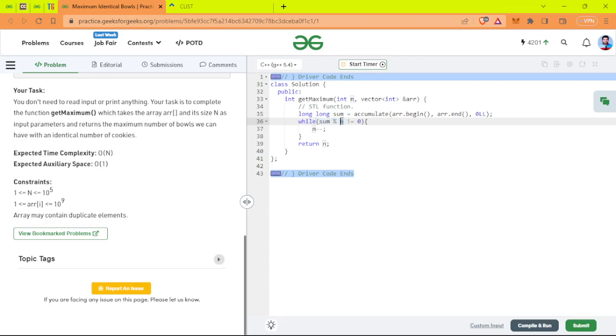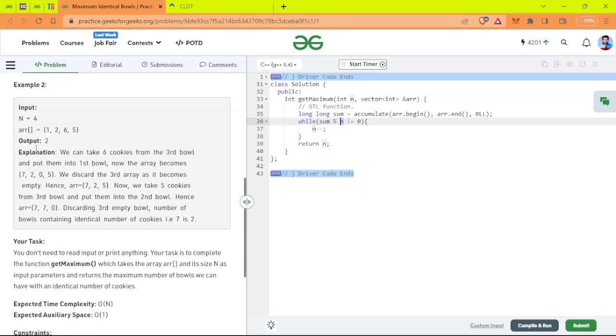Using the accumulate function we are getting the sum, and then we are making a check. If the sum is divisible by the current n value, means the current number of balls that starts from 4. If it is not divisible, we will decrement the number of balls, and we will again check this condition. When it becomes divisible, that number of balls will be the answer, and we are returning it as the answer.